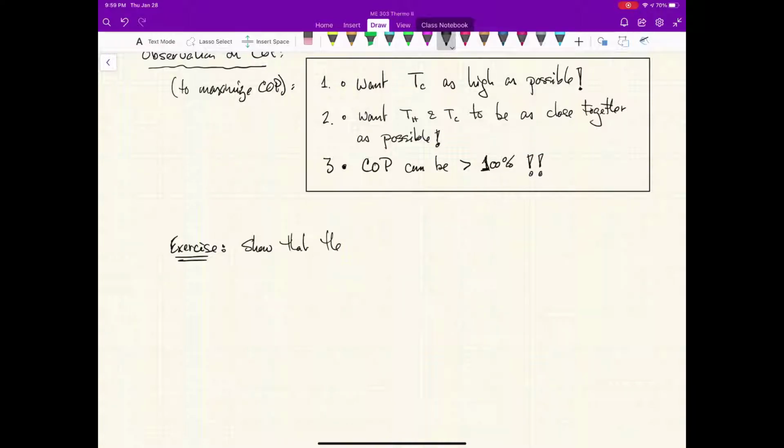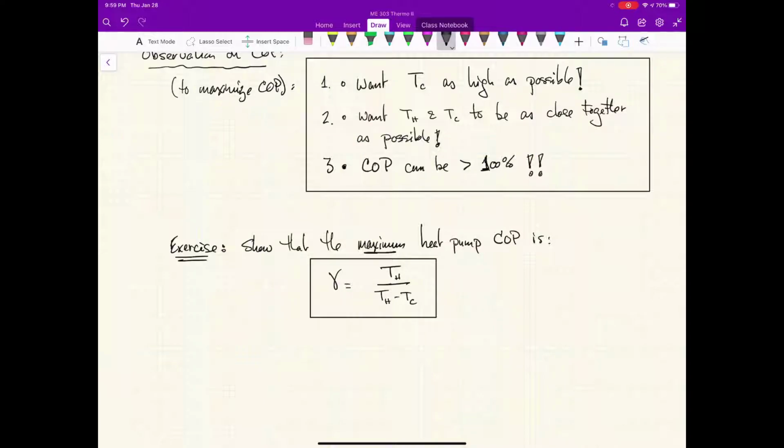Show that the maximum heat pump COP is gamma equal to T sub H over T sub H minus T sub C. All right, see if you can show that.